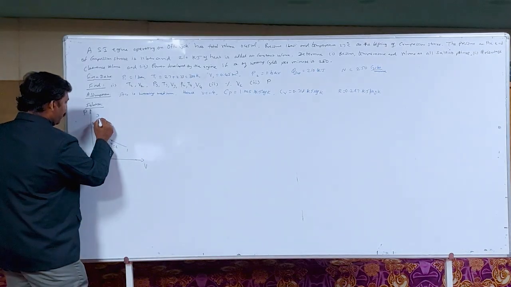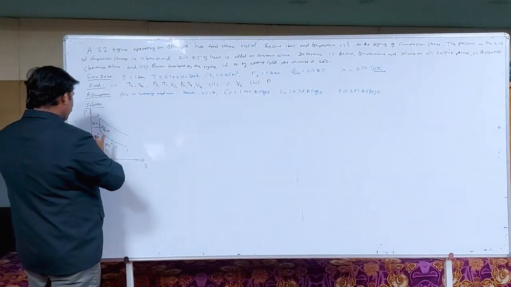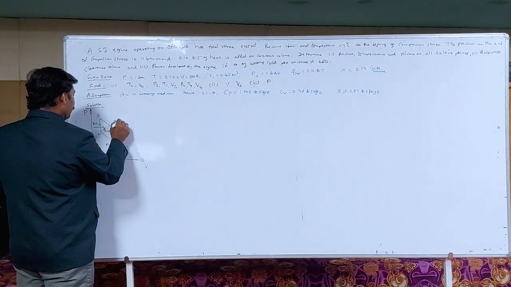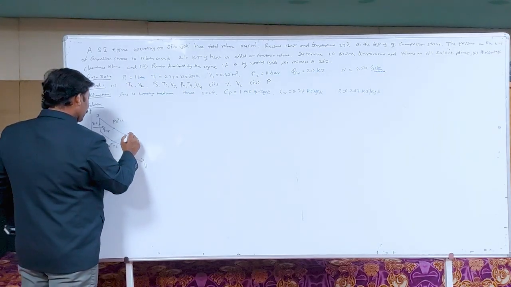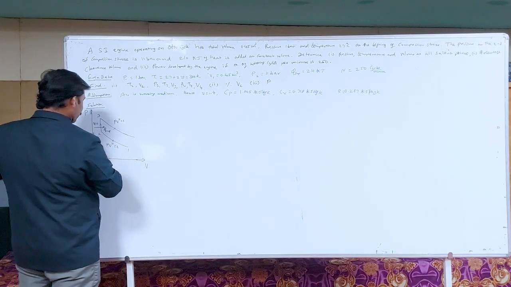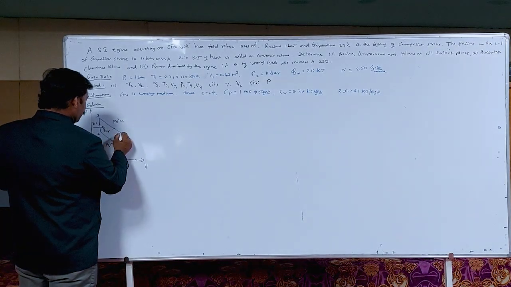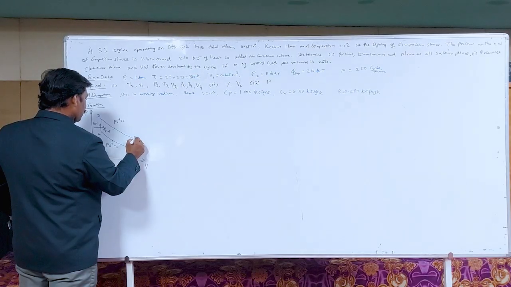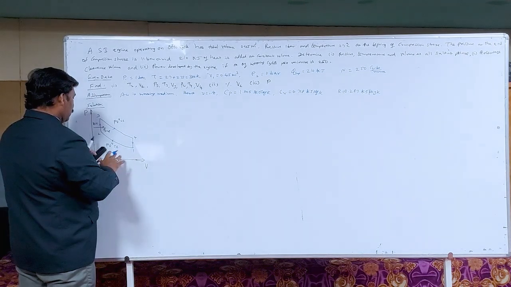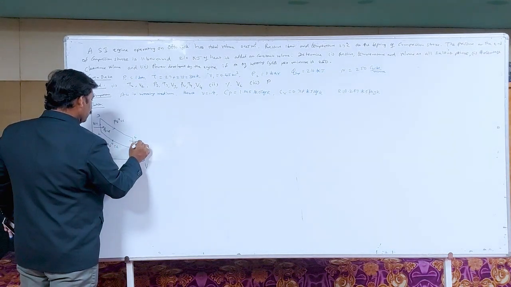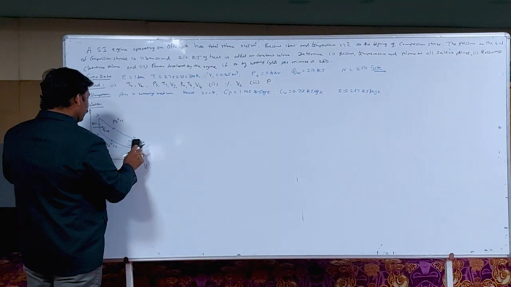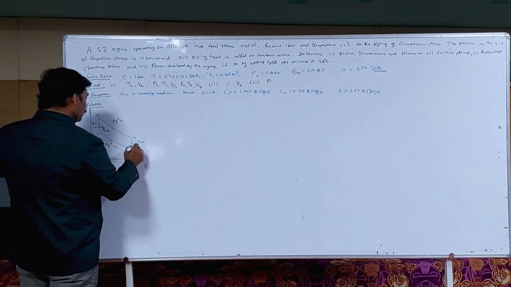Then 3 to 4 is an isentropic expansion process, so PV power gamma is equal to constant, and 4 to 1 is constant volume heat rejection.